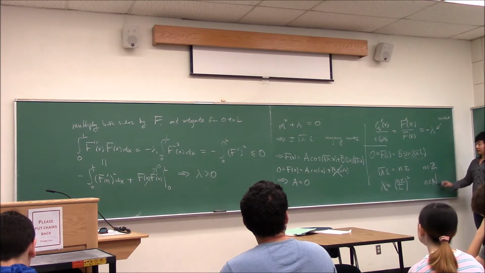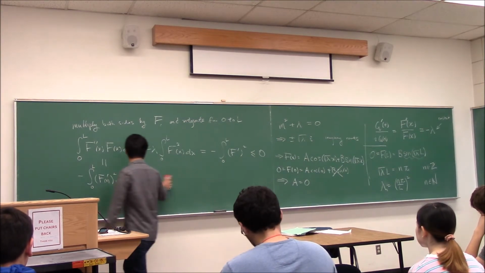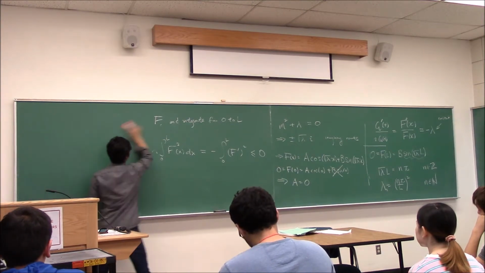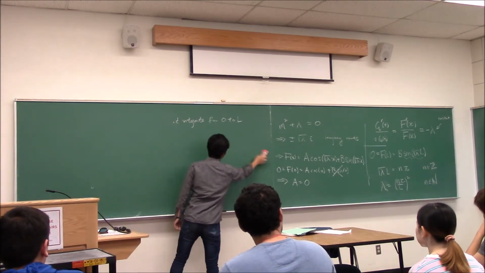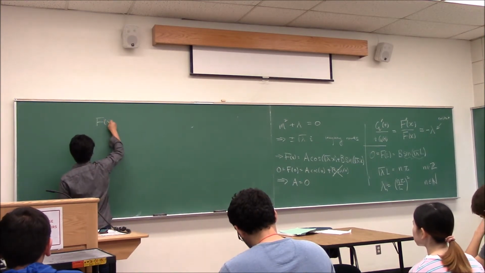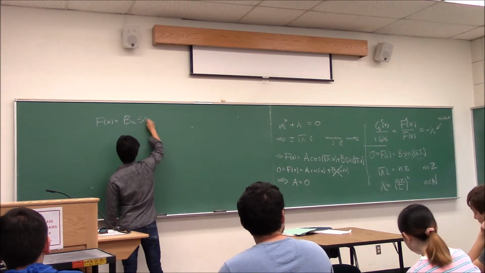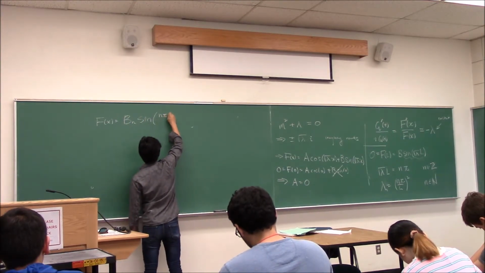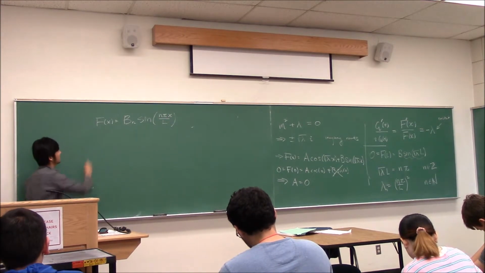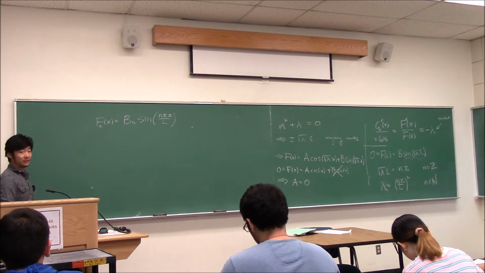So we can conclude from all of this that capital F is equal to some constant, but it's going to depend on n, of sine n pi x over L. Okay? I guess n, right? You'd have a different solution for each n.